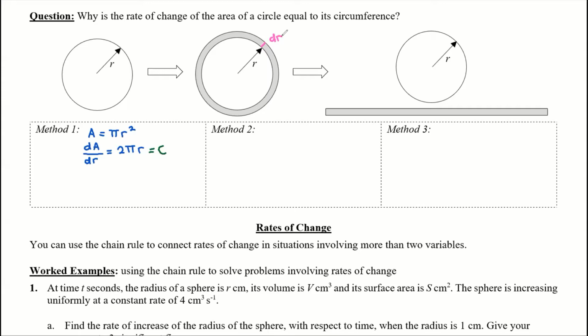We've now got an additional amount of area, and one way we could actually calculate this additional area is in the following way. If we had, for example, the area of the circle represented by A, and then the area of the shaded region, which we will call dA, so this would have an area of dA.